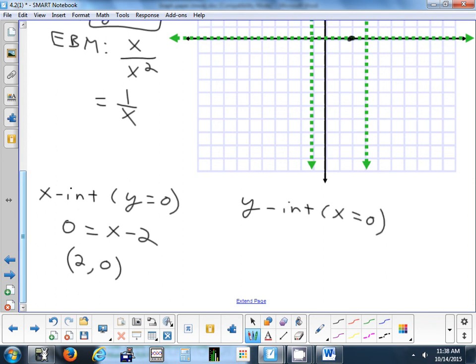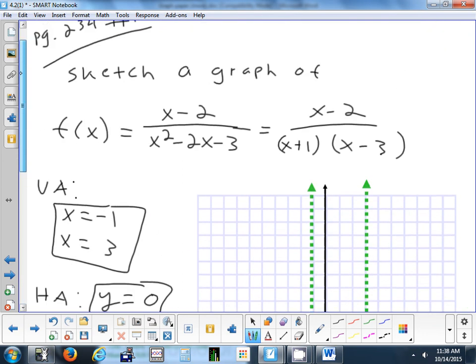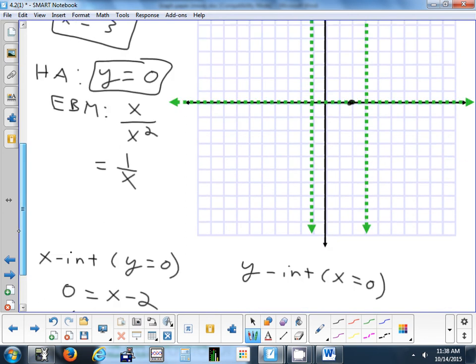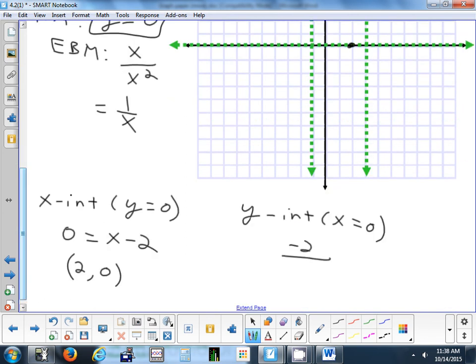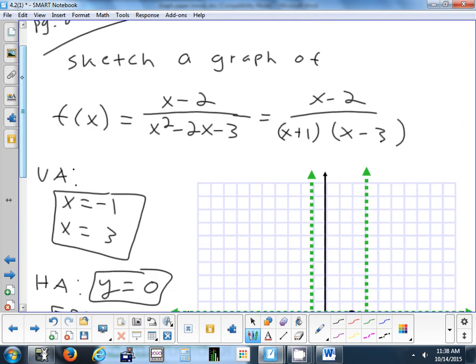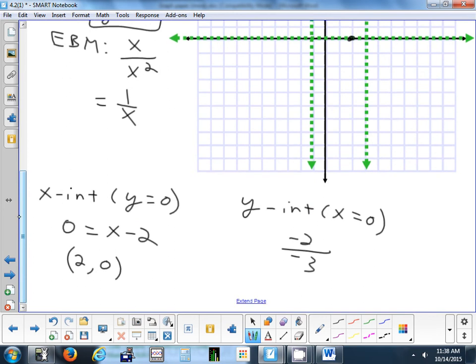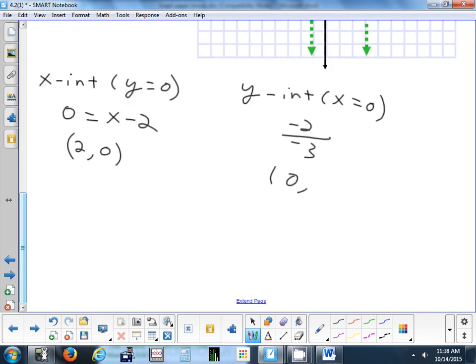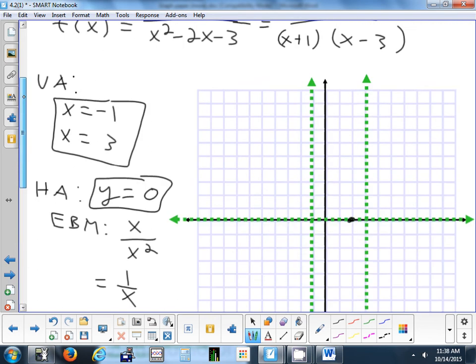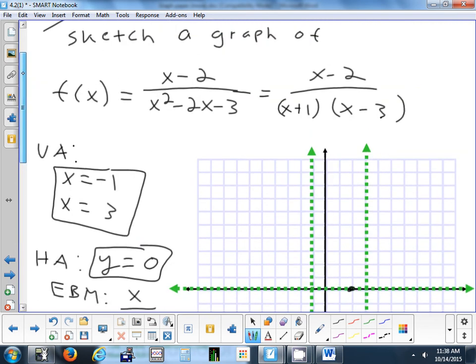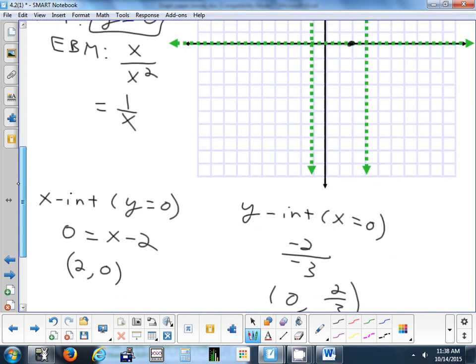The y-intercept is when we plug 0 in for x. If you do that in the numerator, you'd have 0 minus 2, which is -2. In the denominator, you'd have 0 squared is 0, minus 2 times 0 is 0, minus 3 is -3. Okay, so my y-intercept is at (0, 2/3). Since we have a negative in the top and a negative in the bottom, they cancel out and become positive.